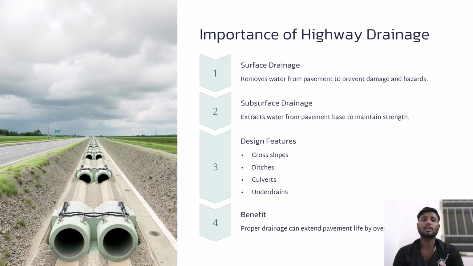The benefit of proper drainage is that it can extend pavement life by over a year. If we provide a better drainage system, then simultaneously the distresses on our highway are less and the lifetime of our designed pavement is more.